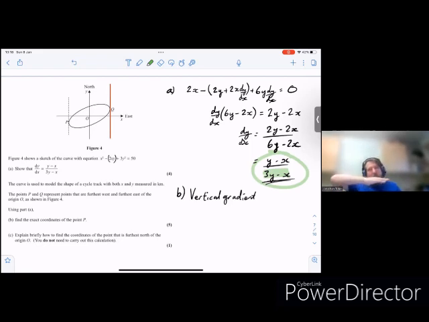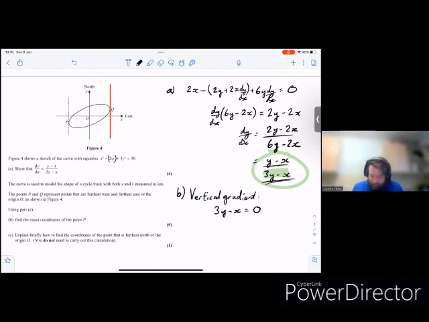If it was a horizontal line and we're dealing with a stationary point, the numerator would be 0 because dy by dx equals 0. So at the vertical gradient, 3y minus x equals 0. We need to find the point P. So we found 3y minus x equals 0.